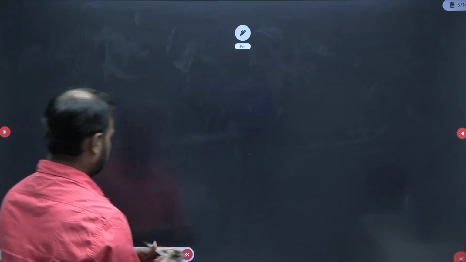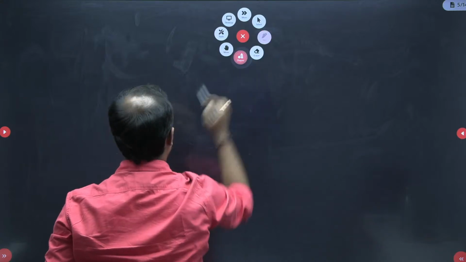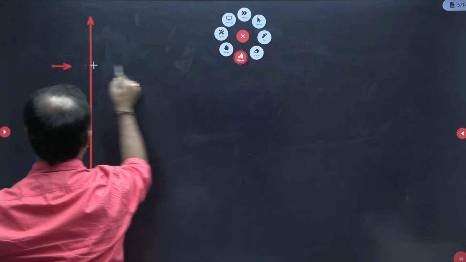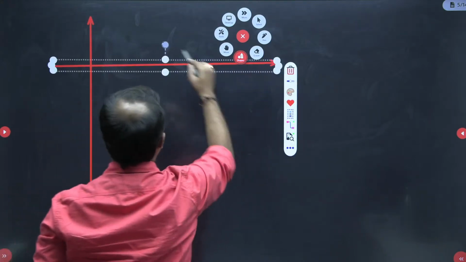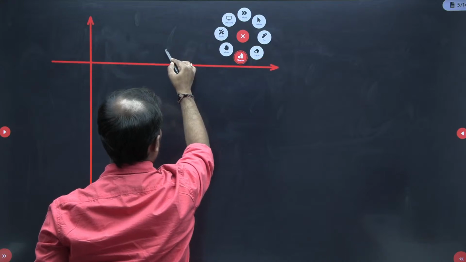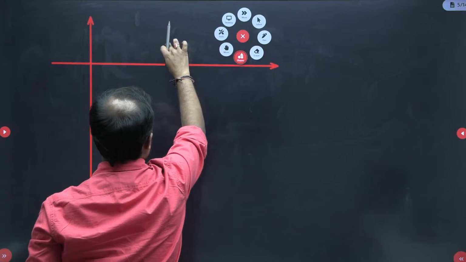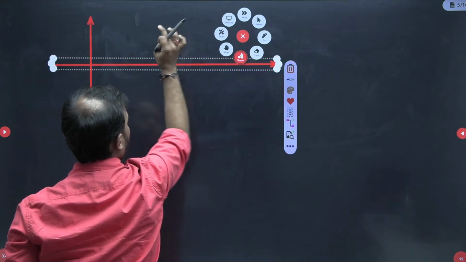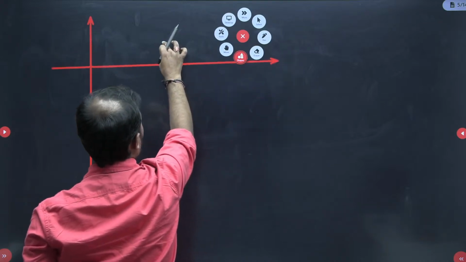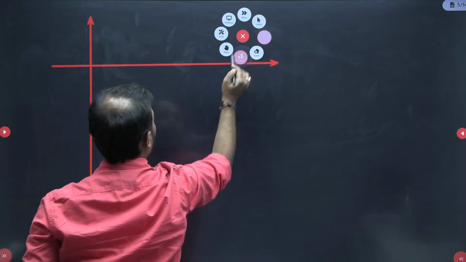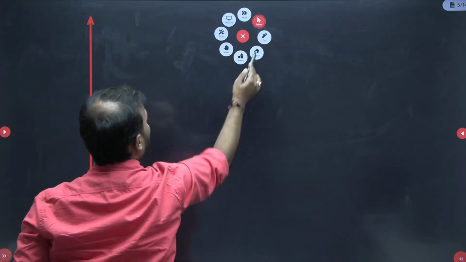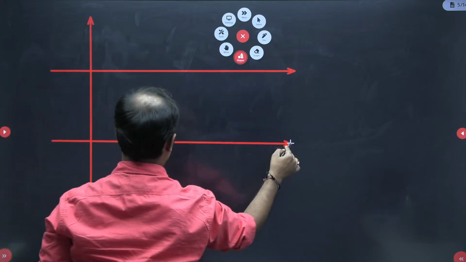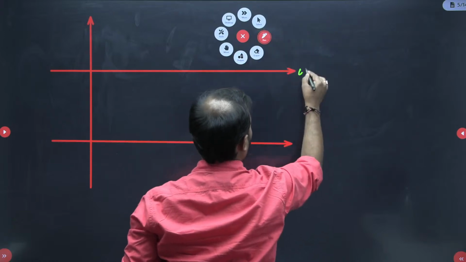Let me add a page. Assume this axis as omega t.